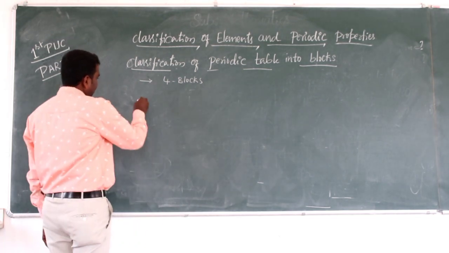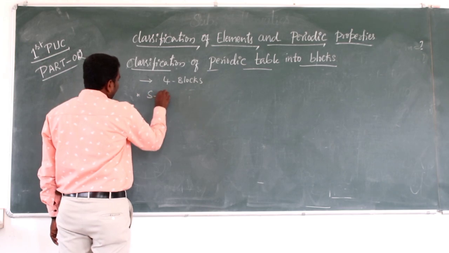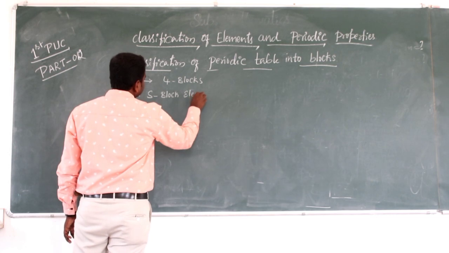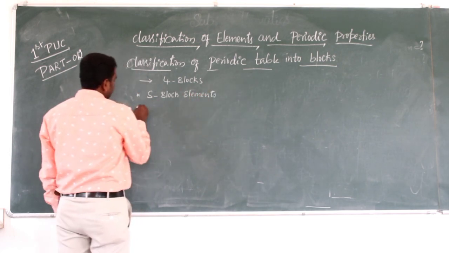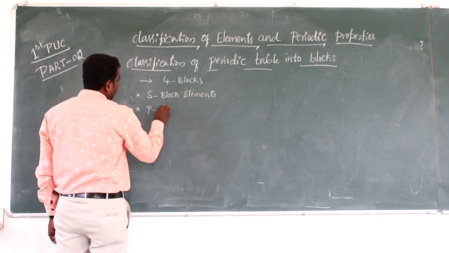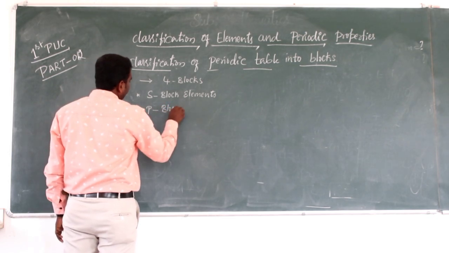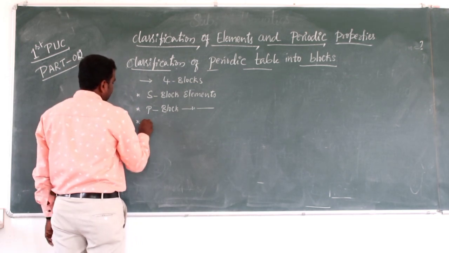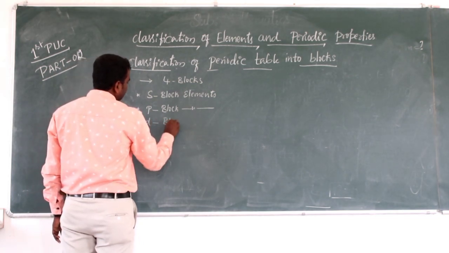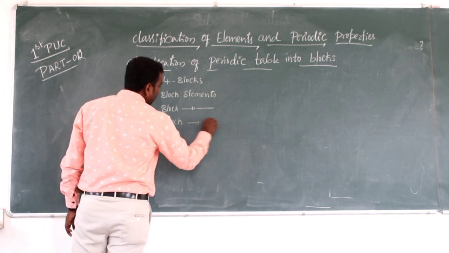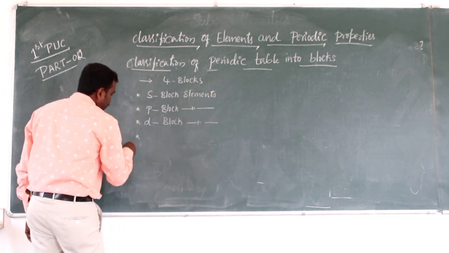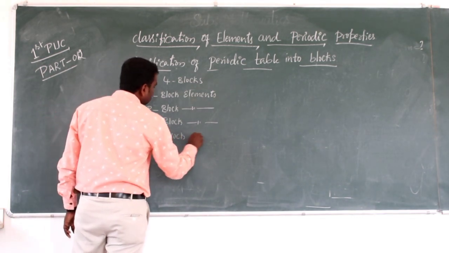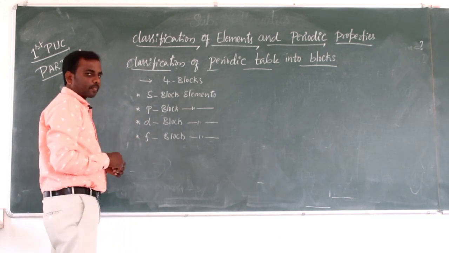The first block is S block elements. The second one is P block elements. The third one is D block elements, and the fourth one is F block elements. Is it clear?